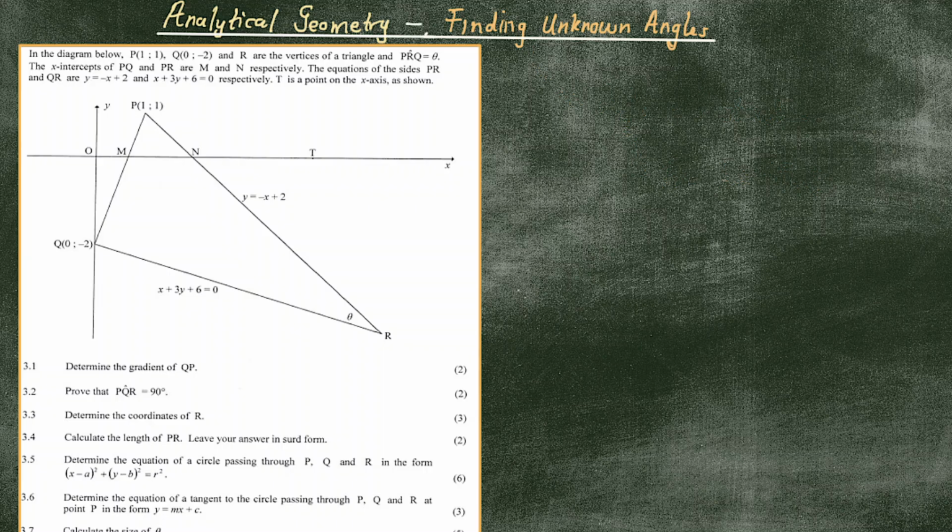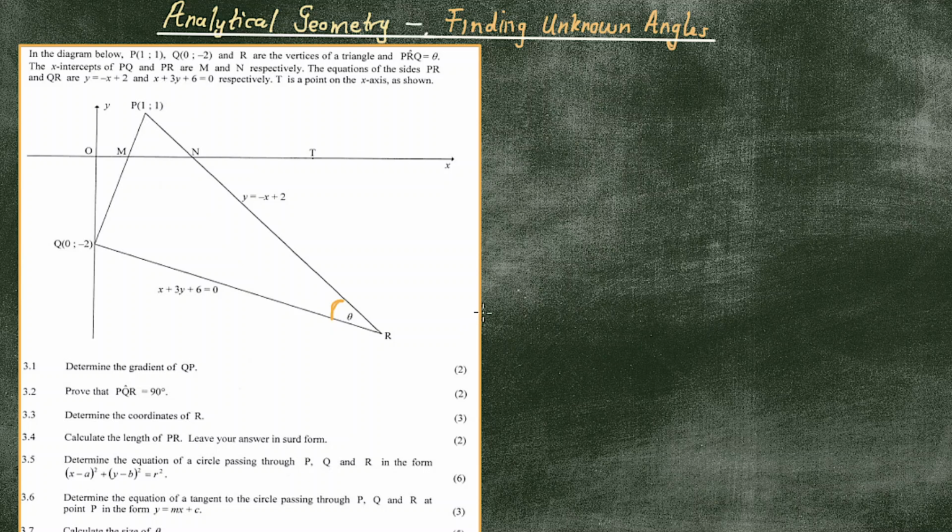So this is question 3 from a question paper. Okay, so I want you to pay attention here, just focus your attention on angle R. This is theta. The theta is the angle we have to calculate. Can you see that the theta is actually not an angle of inclination?